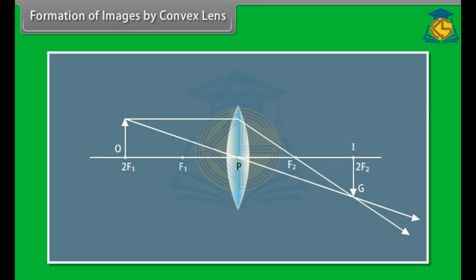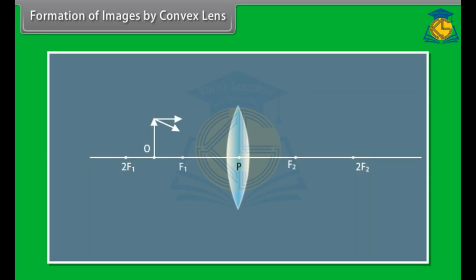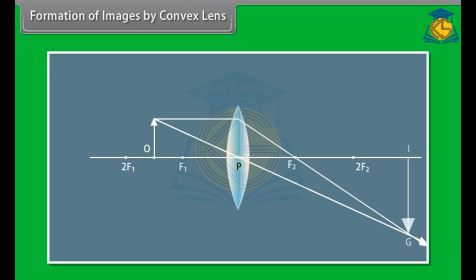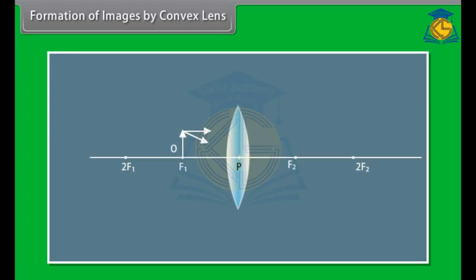The nature of the image is real, inverted, and same size. When the object is placed between 2F and F, the image is formed beyond 2F on the opposite side. The nature of the image is real, inverted, and enlarged. When the object is placed at F, the image is formed at infinity.